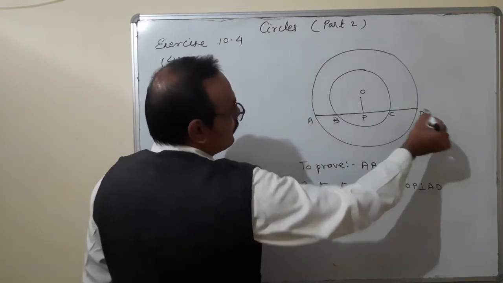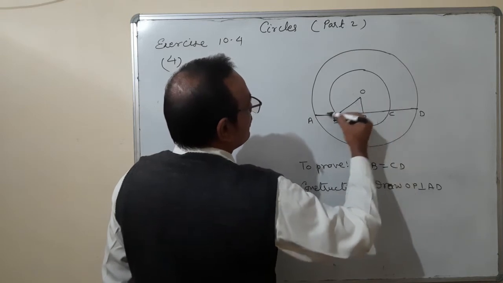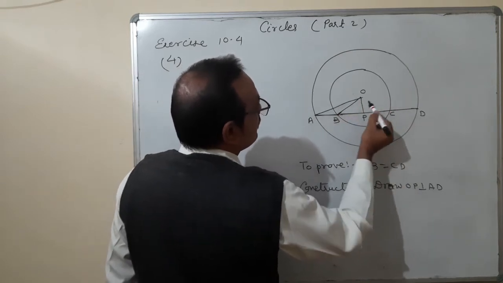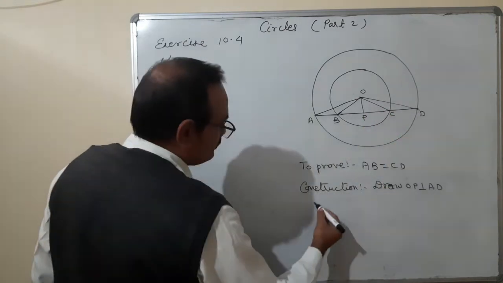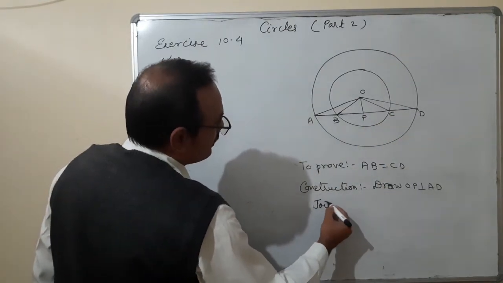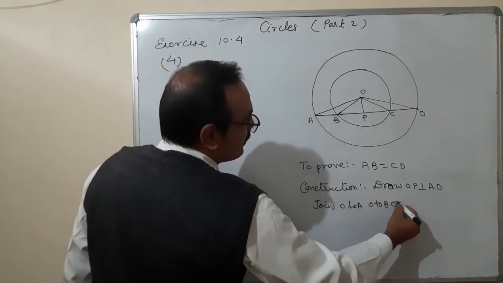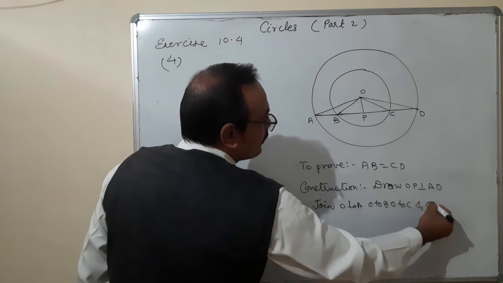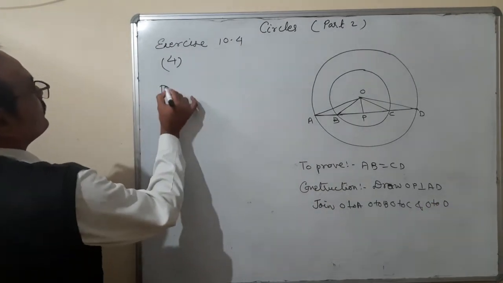And joining these, join O to A, O to B, O to C and O to D. Okay. Proof.